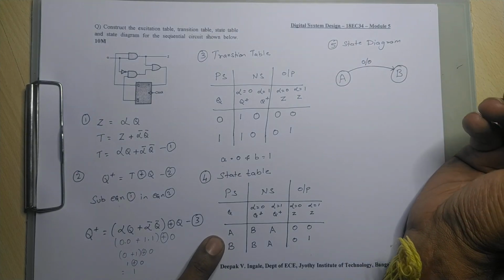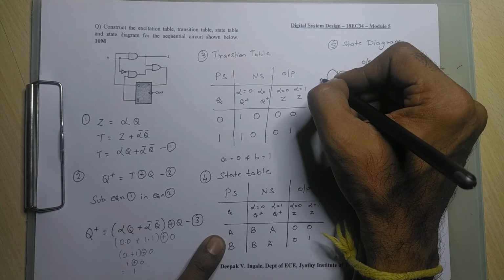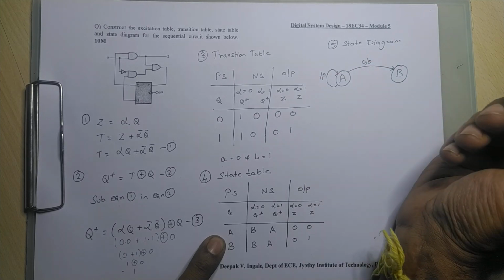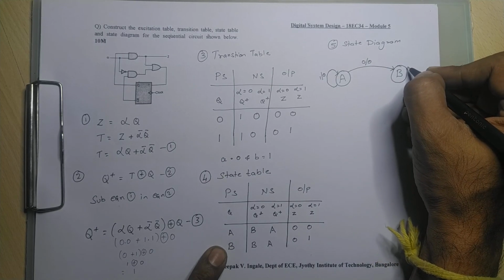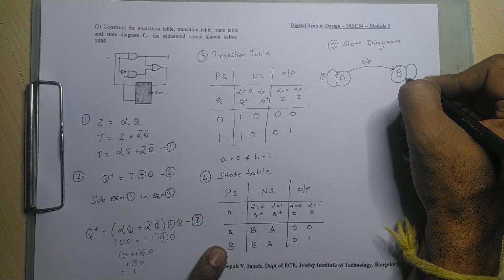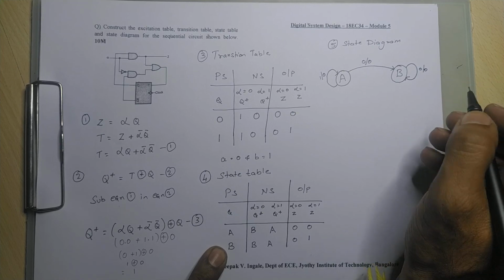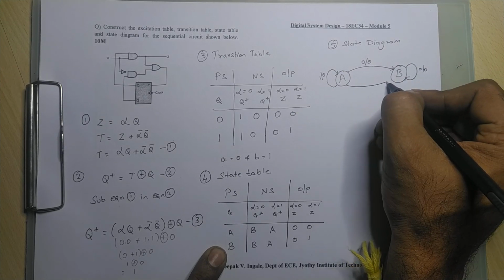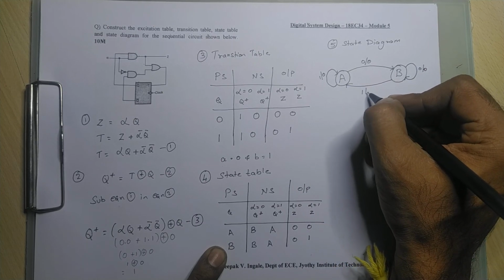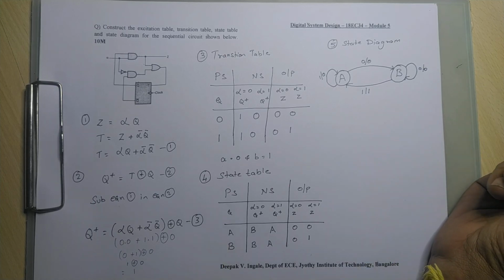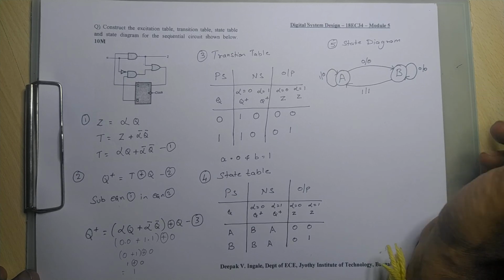Similarly, you are in state A. If alpha is equal to 1, you stay in the same state. So your input is 1, output is 0. Similarly, you are in state B and alpha is equal to 0, that is your input is equal to 0. What is your output? Output is also 0. Similarly, if alpha is equal to 1, from B you go to A and your input is 1, output is 1. Right. So this is how we write the state diagram for this particular problem.